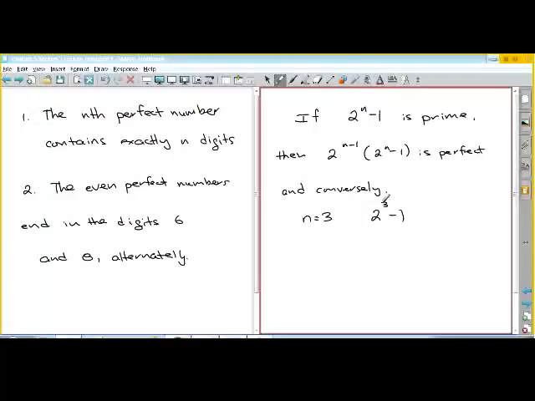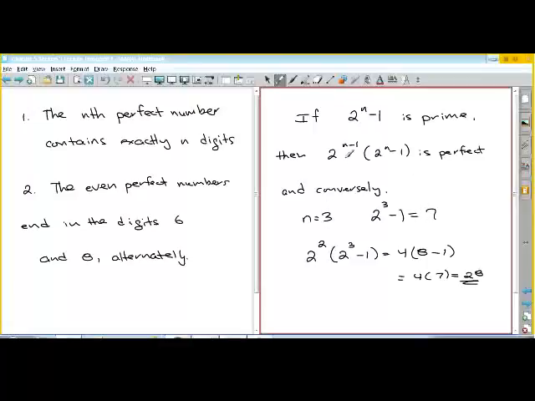So I'm going to pick n equals 3. So if you get 2 to the third minus 1, that's 8 minus 1, which is 7, which is prime. Then 2 to the n minus 1 times 2 to the n minus 1, we get 2 squared is 4 times 2 cubed, which is 8 minus 1, 4 times 8 minus 1, which is 7, equals 28.